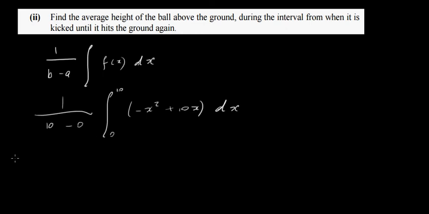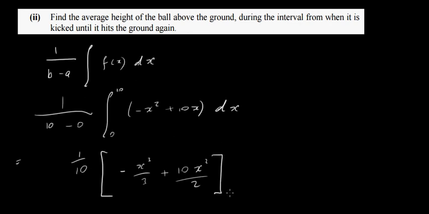So that's going to give us 1 over 10, and we're going to integrate here, so that's going to give us minus x cubed over 3 plus 10x squared over 2, and we're going to integrate from 0 to 10 here.